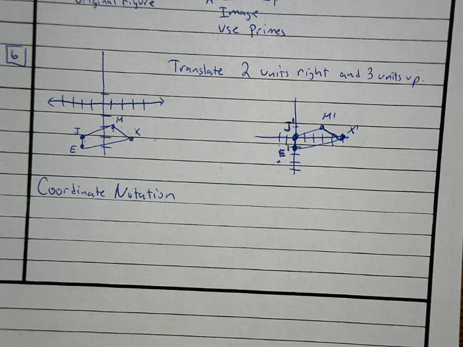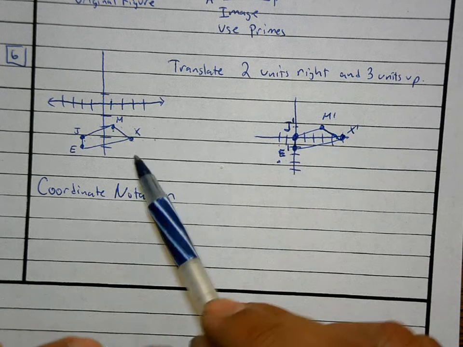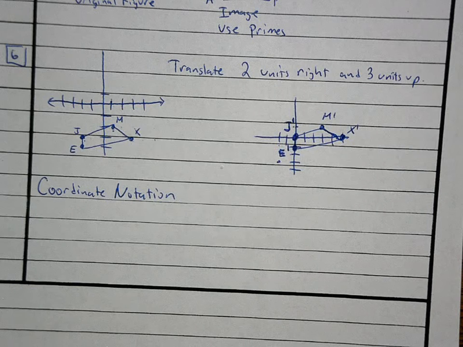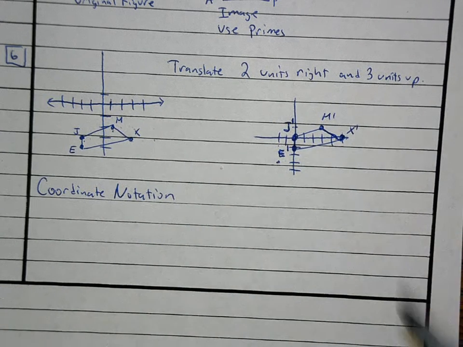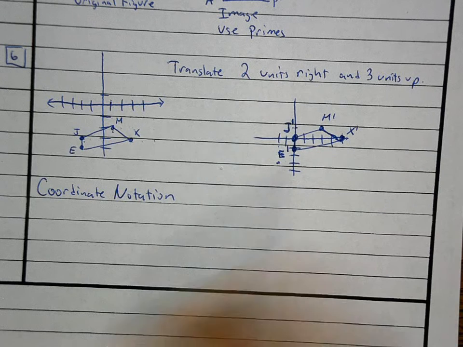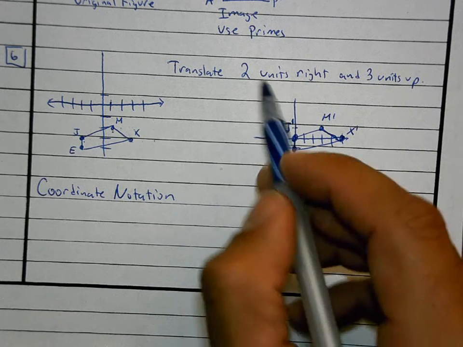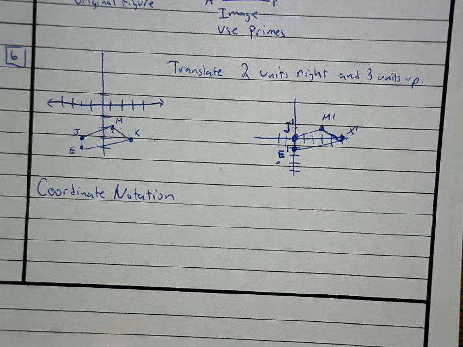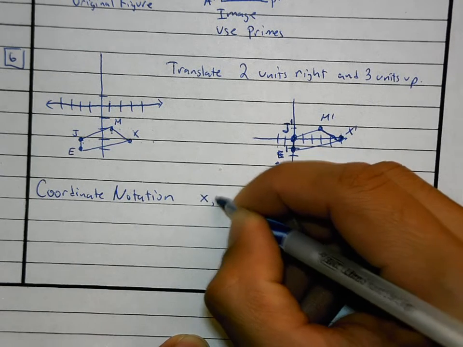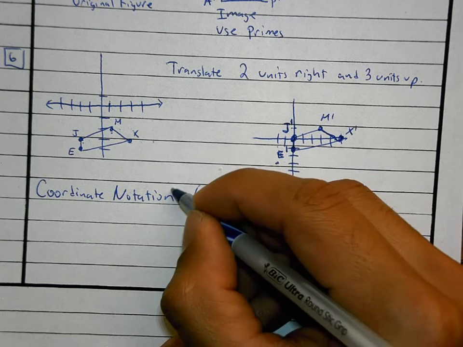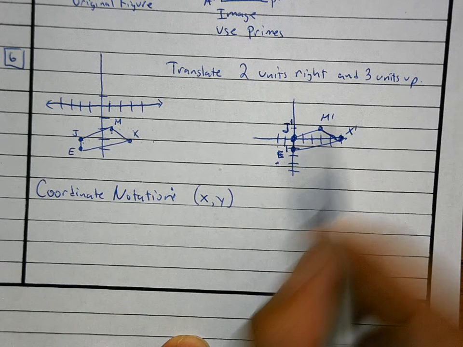What we just did was how we wrote out the translation in words. This is in words, like 2 units right and 3 units up. Coordinate notation, we can write in the fancy mathematical notation. Think of it like that. This is how we would write what we just did.